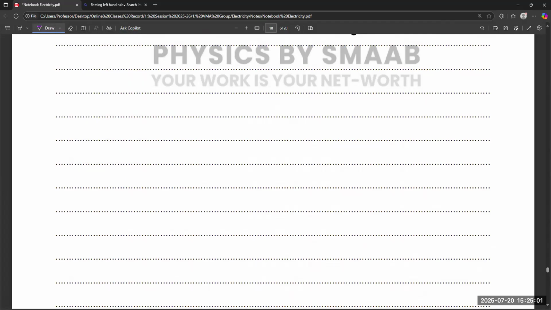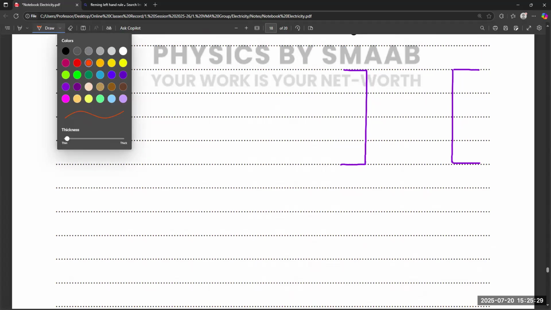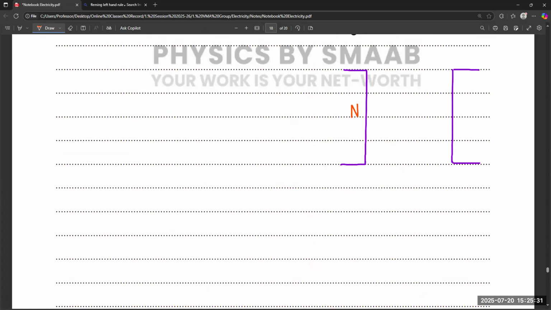if we have magnetic poles, this is one magnetic pole, this is the second magnetic pole, north and south.